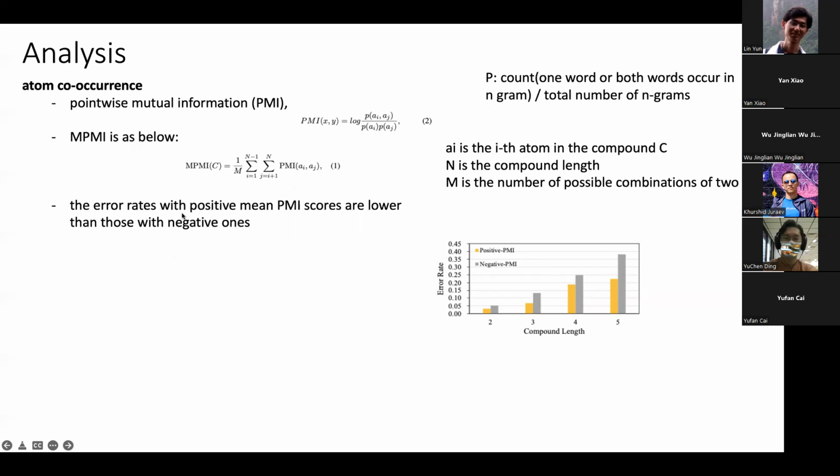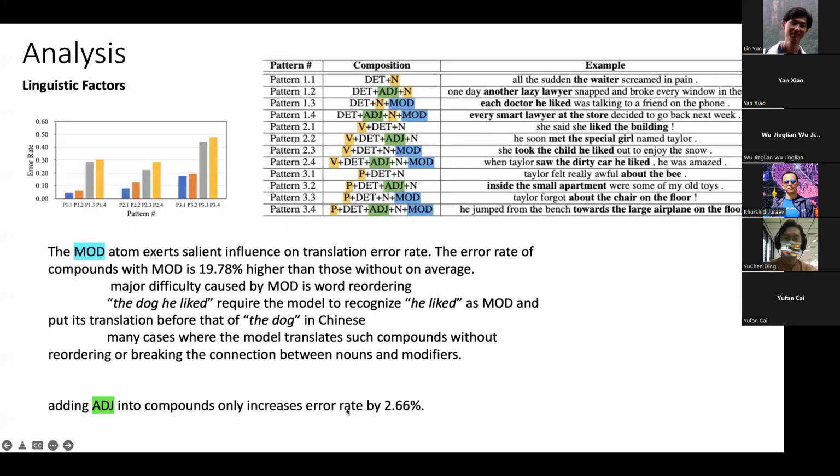They say the error rate with positive mean PMI is lower, meaning if two words appear more together within an n-gram, they will also be translated better. All right. I have no question on these slides.